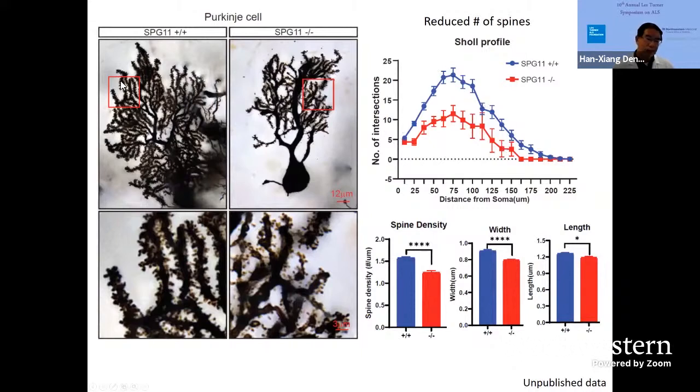If we take this area and analyze, what we can see is the spines, like these dots, are reduced. You can see the spine density is reduced, the width is also reduced, and the length is also reduced. So most likely, the loss of this protein will lead to synaptic functional impairment, because the structure is changed and the spine is reduced.